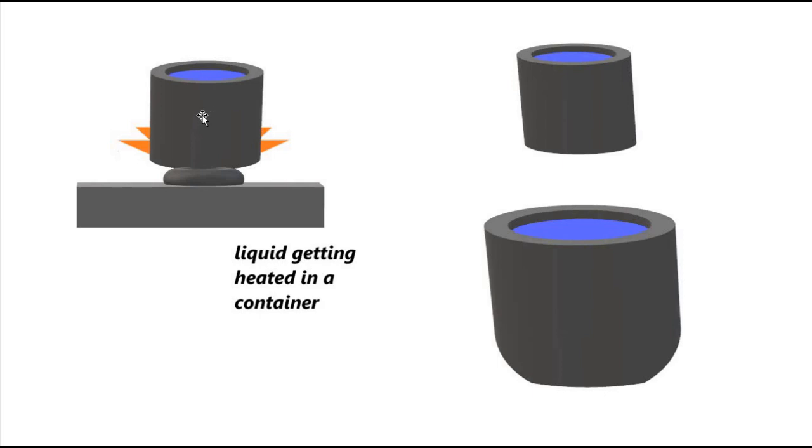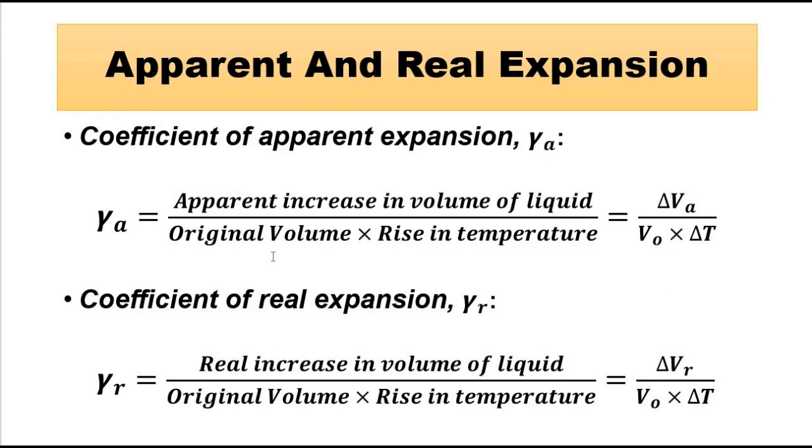If we find such a solid container which does not expand with temperature, in that case there would have been no need of apparent and real expansion. Both of them would have been the same thing. Real expansion would have been equal to apparent expansion, because there would be no need to take these things into consideration.